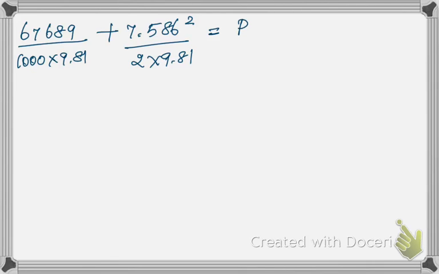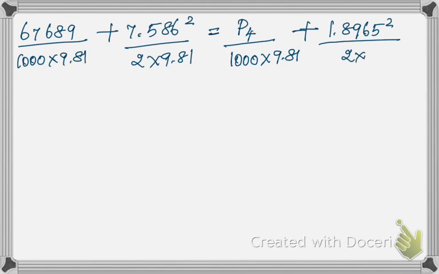So P4 is the one we are going to determine, so I'll keep it as P4. P4 by 1000 into 9.81 plus V4 squared by 2g, that is 1.8965 square by 2 into 9.81 plus head loss due to enlargement, that is 1.65.